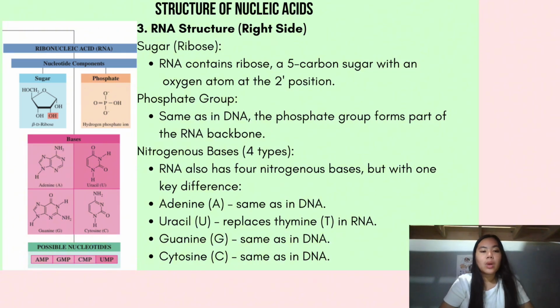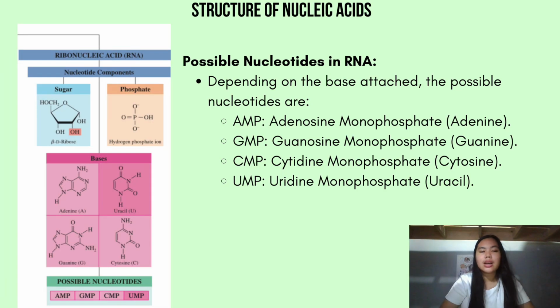And then guanine, also same as DNA, cytosine, same as DNA. So they only differ in one base. And the possible nucleotides in RNA are adenosine monophosphate, adenine, guanosine monophosphate, guanine, cytidine monophosphate, cytosine, and uridine monophosphate, or uracil.